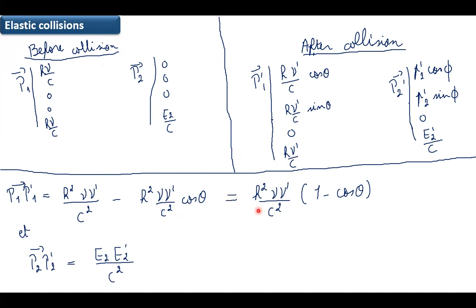So it's equal to, with a common factor h squared nu nu prime over c squared, times 1 minus cosine theta. This is P1 P prime 1. And for P2 P prime 2, we only consider time coordinates because we have zeros in space, so we are multiplying by 0. So we just have E2 times E prime 2 over c squared. So this is P2 times P prime 2.